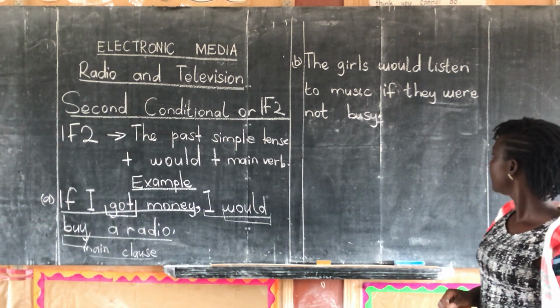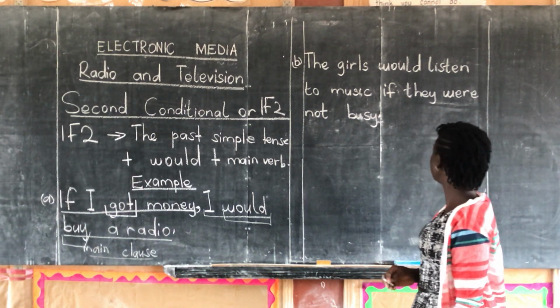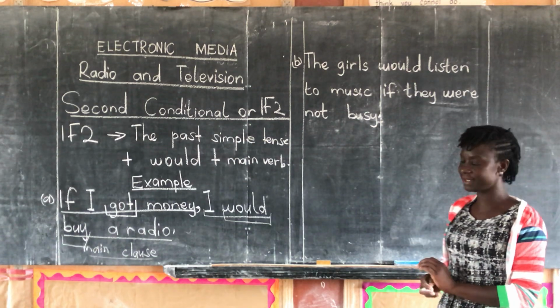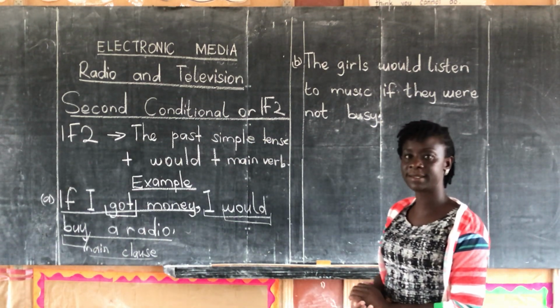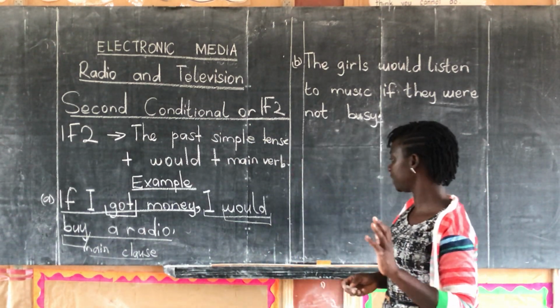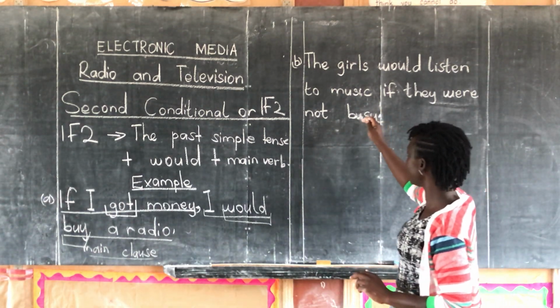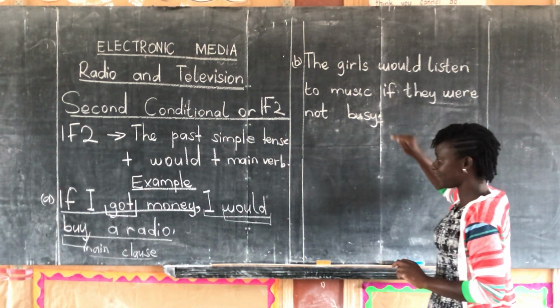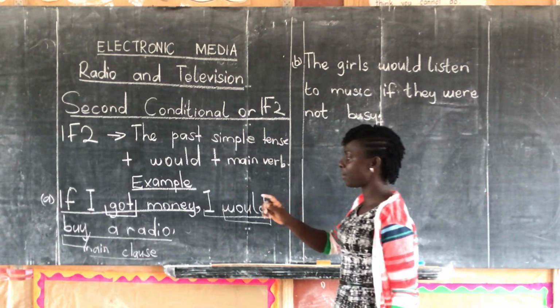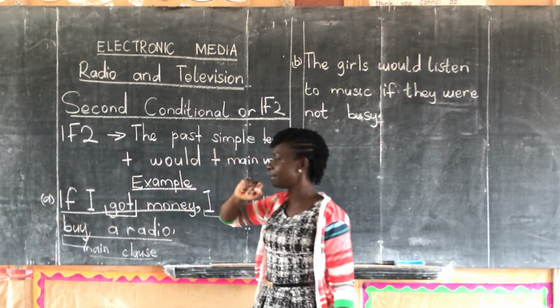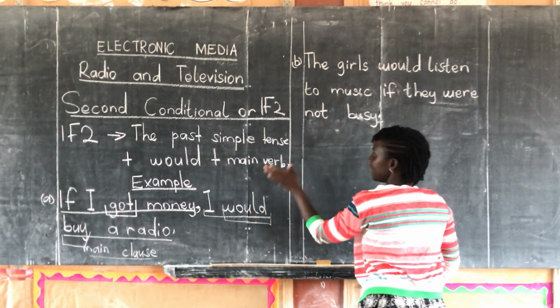It reads, the girls would listen to music if they were not busy. The girls would listen to music if they were not busy. Now, when you look at example B, we have used the if in the middle. In example A, we use the if at the beginning. This is all if two.